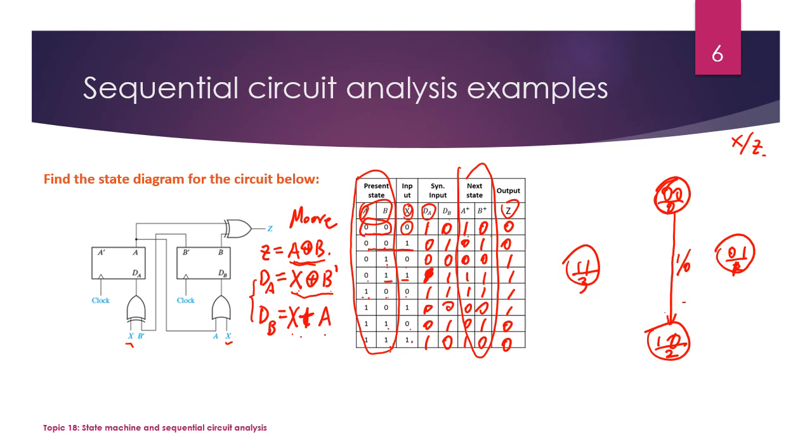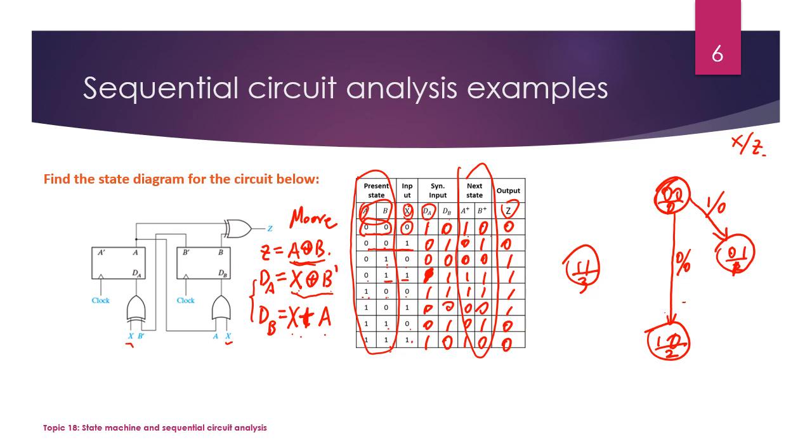And when X equals 1, Z equals 0, right? And again, if we are here, but X is 1, the next state is 0, 1. So we are going here if X equals 1, but Z equals 0. Okay.